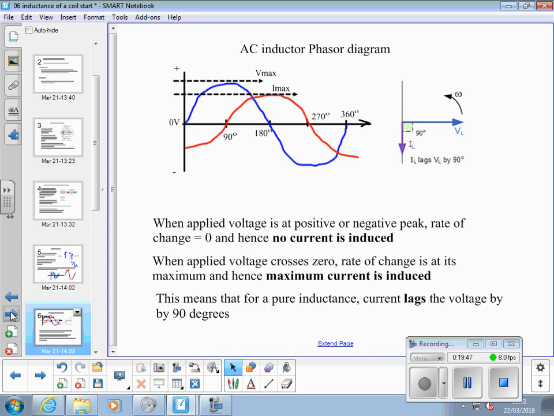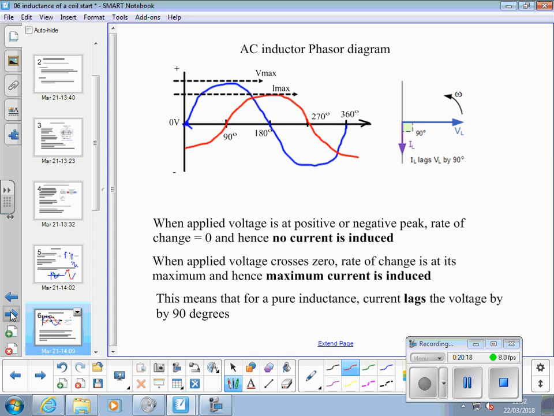If we could have an inductor that didn't have any resistance, which is not possible in the real world because a coil of wire has got some resistance, we'd end up with a voltage, and we always draw the in-phase component, the one that starts at 0 degrees, as the horizontal left to right. So that line is up.